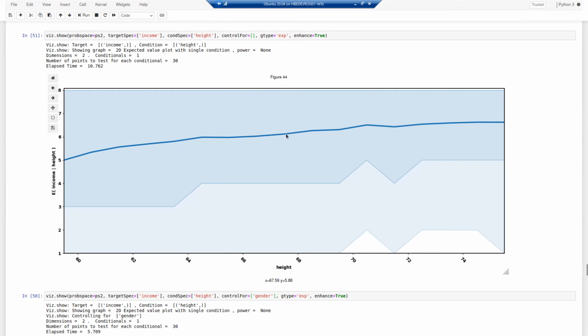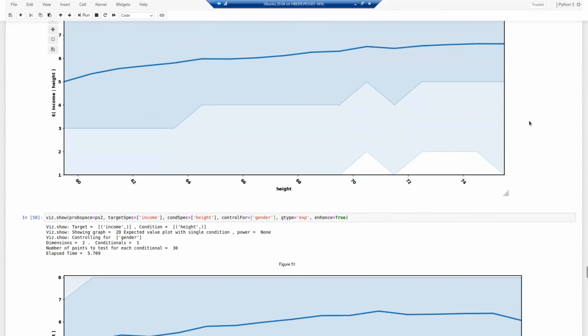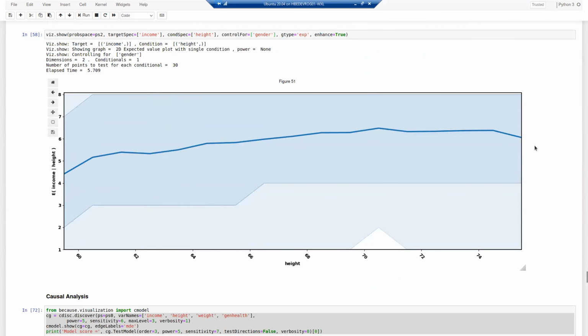So the first hypothesis, which was a very obvious one, is, oh, this is really just a proxy for gender, right? Males are taller than females, so this can be explained by gender.